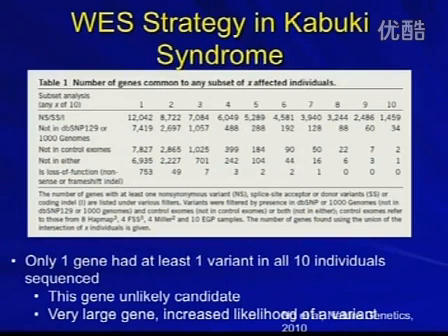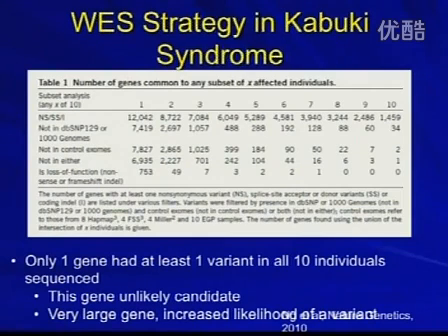Here are the 10 kids laid across the top of this figure. They sequenced the first individual right here. We've got 12,000 non-synonymous substitutions and insertion deletions. We've got a little over 7,000 that are not in dbSNP and not in 1,000 Genomes.